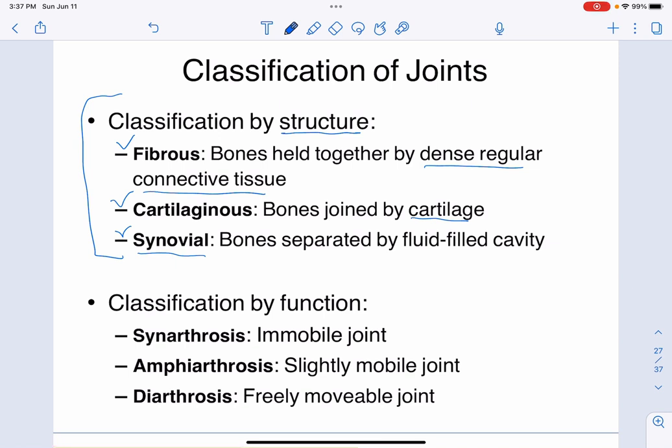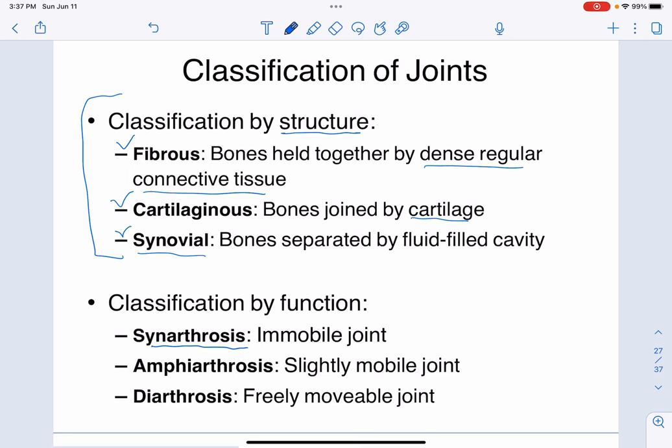So we are going to use anatomical terms to classify joints. So these terms that I need you to learn are, first, there's something called synarthrosis. Synarthrosis joints. These are joints that have no mobility at all. They are completely immobile.